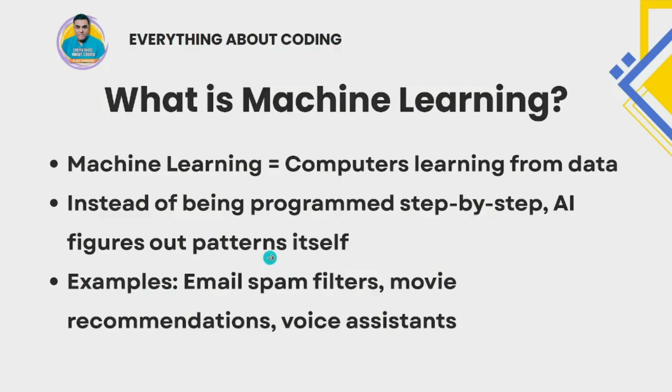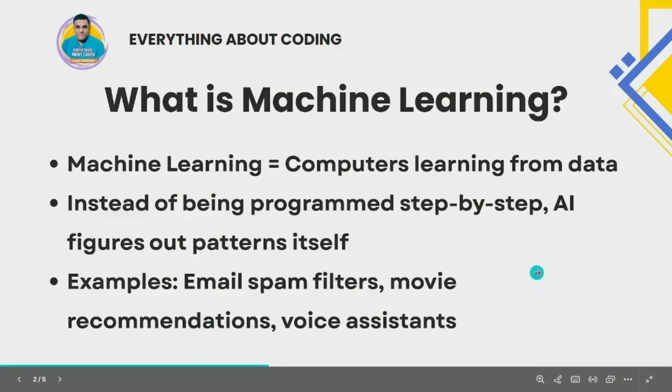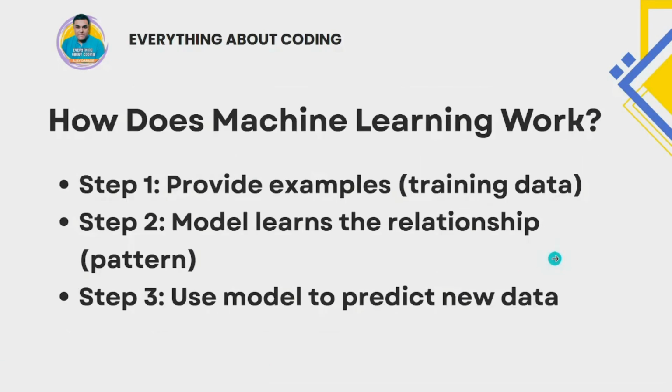So it's all about the data, it's all about the pattern of the data. So that is machine learning. Examples are email spam filters, movie recommendations, voice assistants. These are the examples of machine learning.